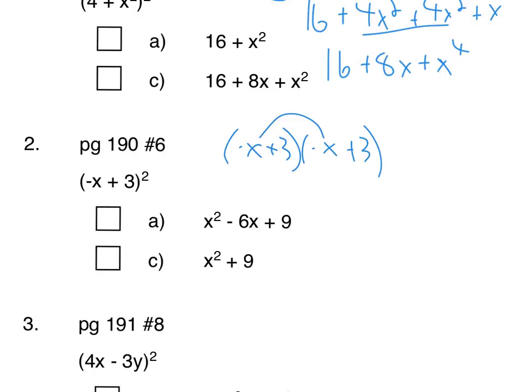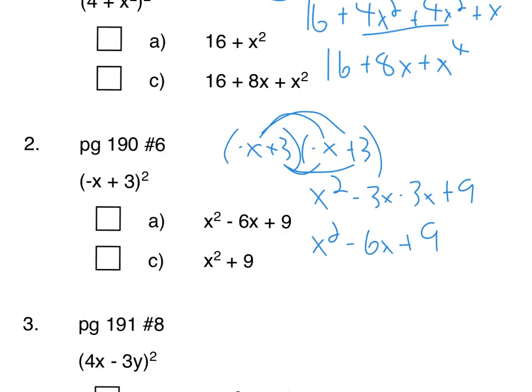That gives us a positive x squared. And then a negative x times 3 is a negative 3x. 3 times negative x is negative 3x. And then 3 times 3 is 9. Add our like terms there in the middle. And you get x squared minus 6x plus 9.